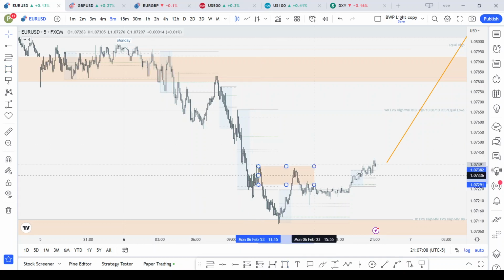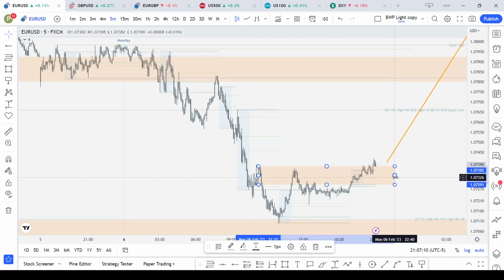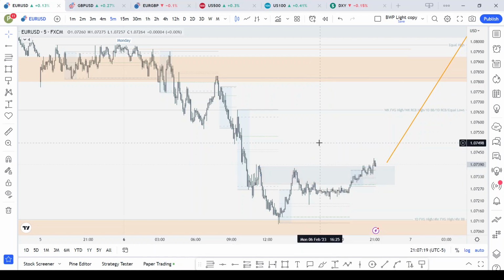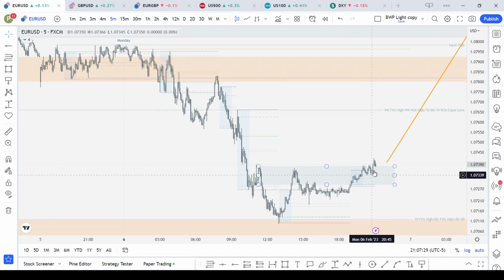A long can be framed on this. This level should hold price if it is bullish.